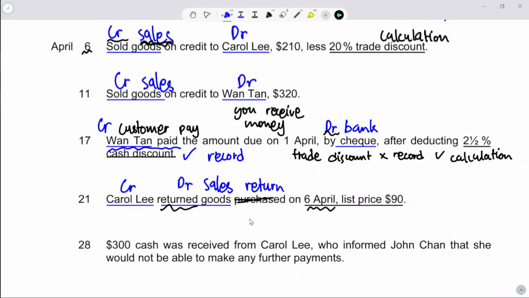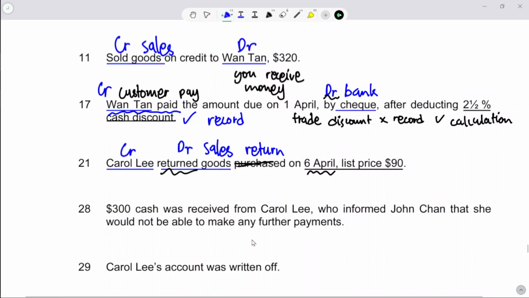Now let's go to the next line. Two lines. So cash was received. So debit cash. Another one will be credit.